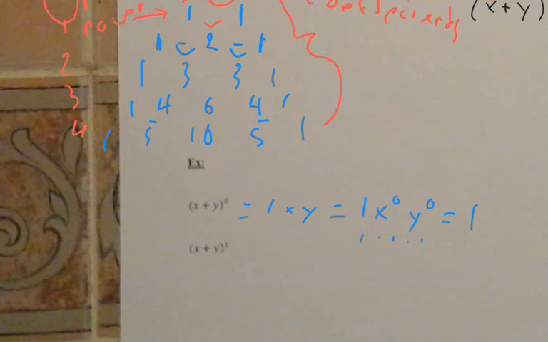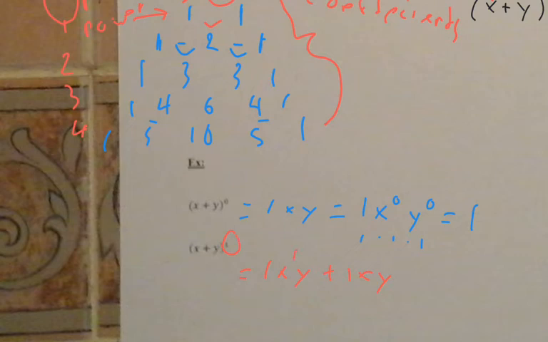We have x plus y to the first. So remember, we're going to put 1 xy plus 1 xy. And now we take a look at our exponent.